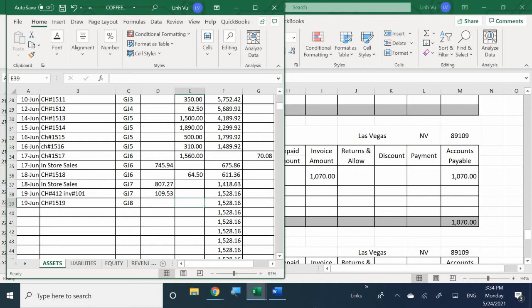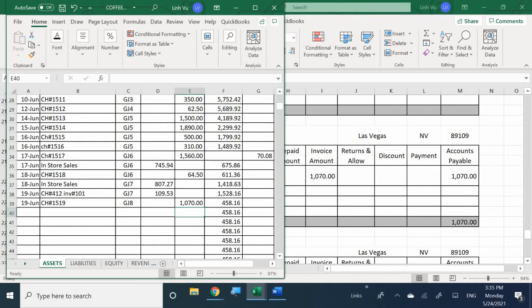We're on checking on the ledger. For the 1,070 in the credit for 5816. Whoop, we're not doing so good here. It's looking like my bank account. Okay, so there we go. We did our accounts payable and our checking account.